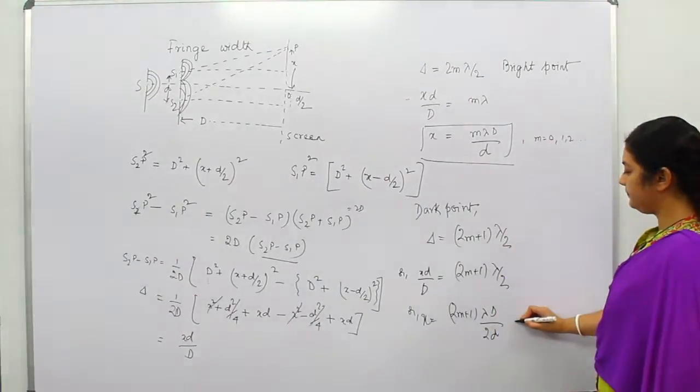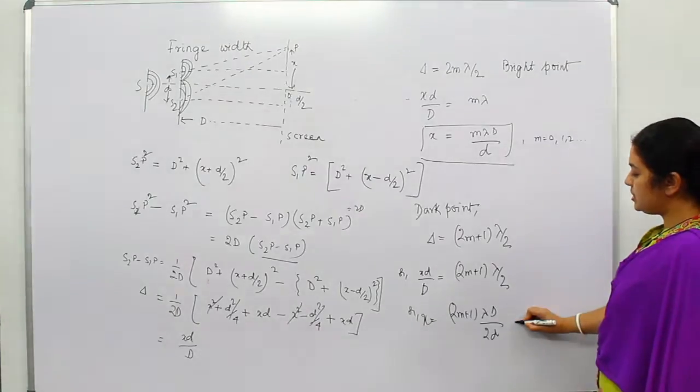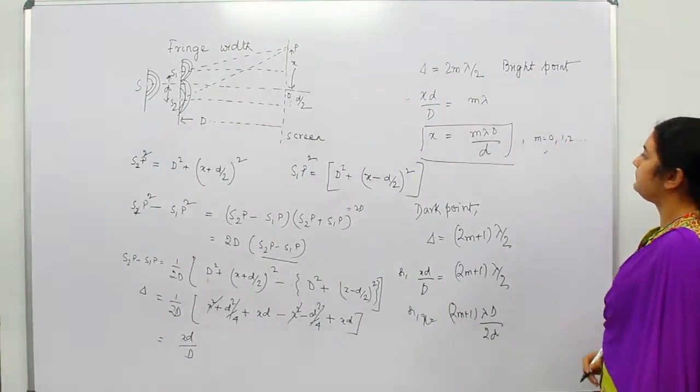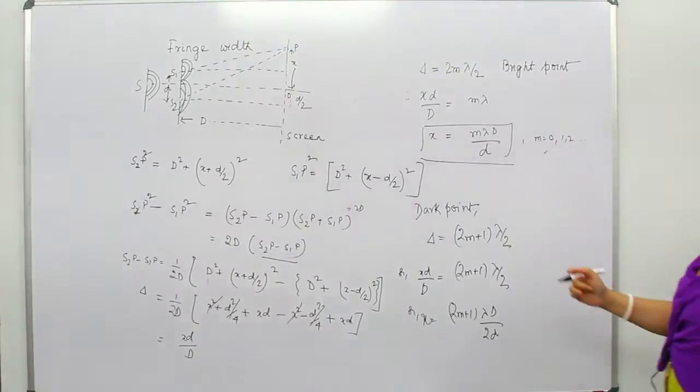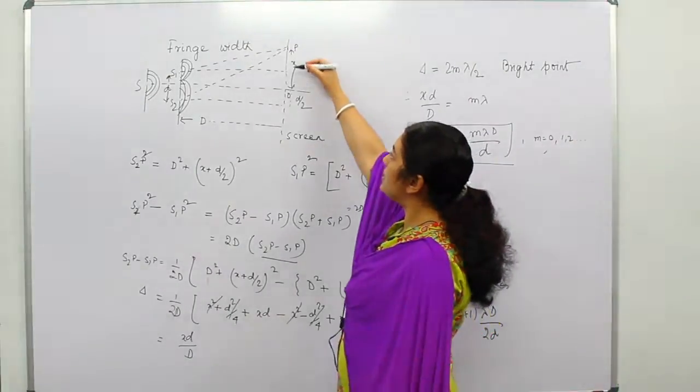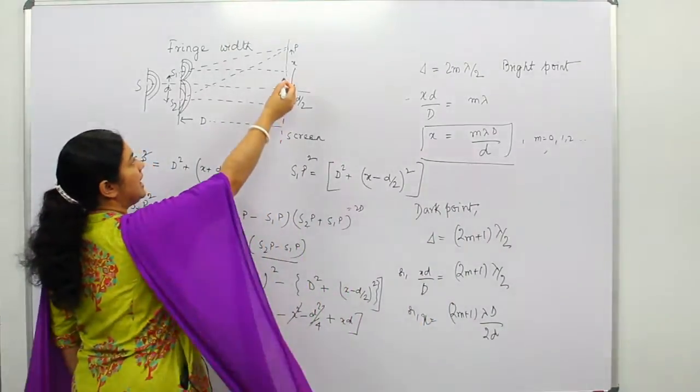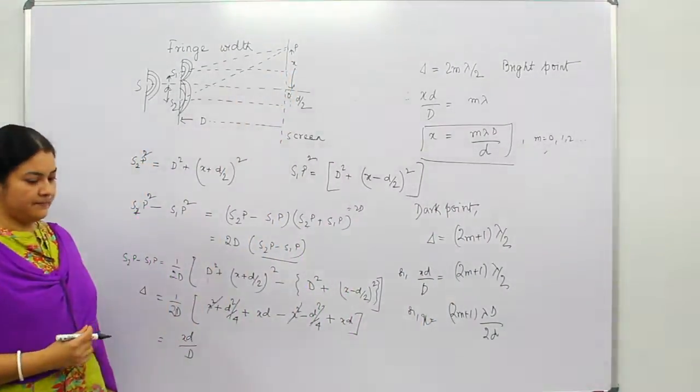So this is the position of a dark point and this is the position for a bright point. So what we are getting? We are getting alternate points which are dark and bright.